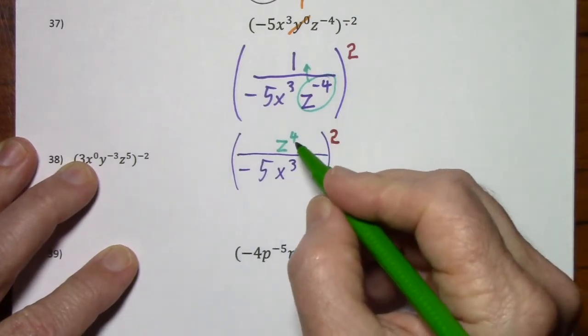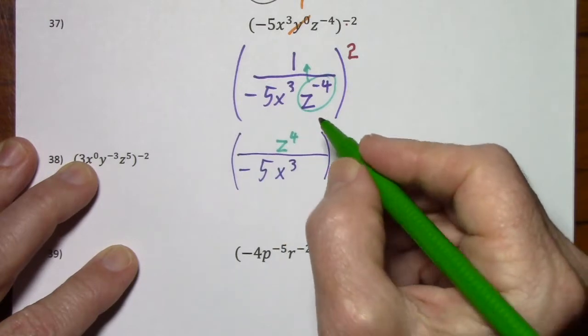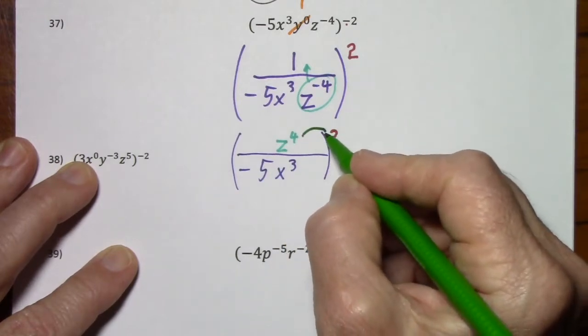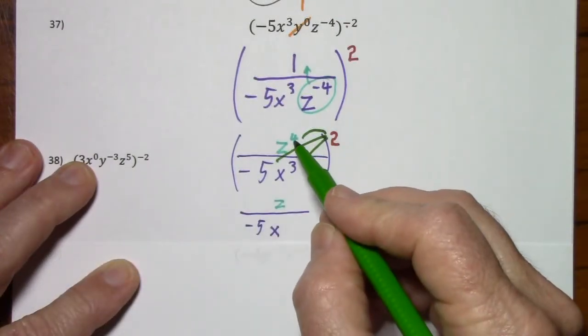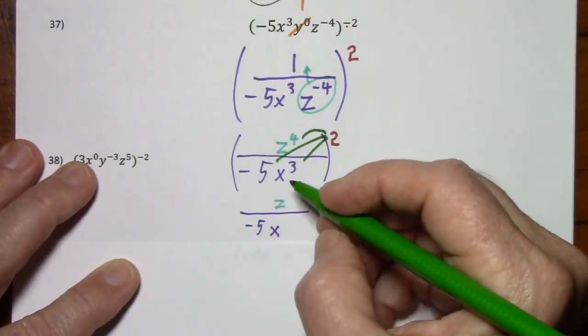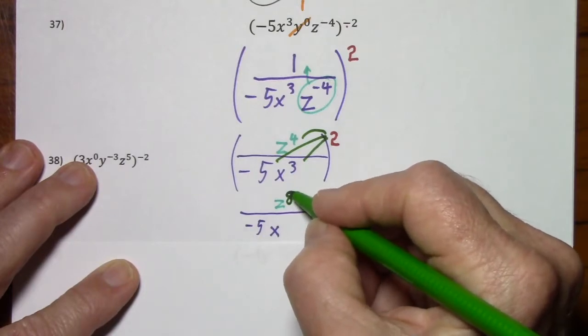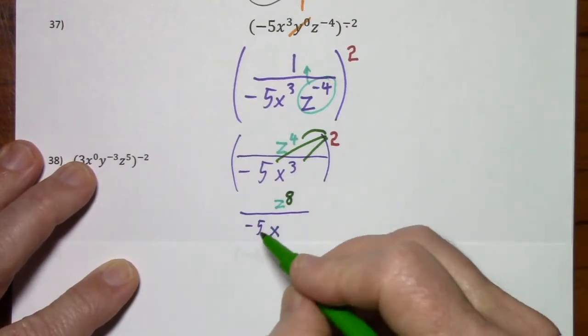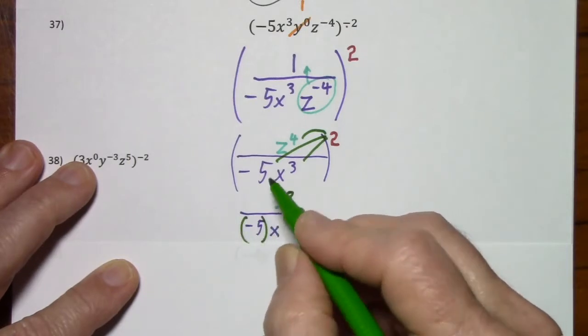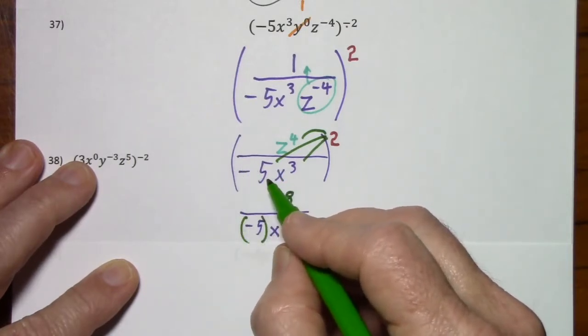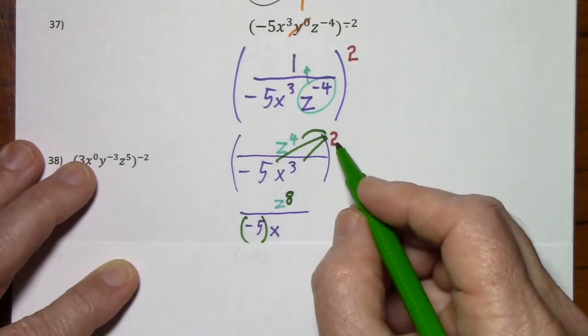And now I can multiply each exponent by the 2. So 4 times 2 is 8. You have to be careful with this negative 5. It's in parentheses here. The 2 is outside the parentheses.